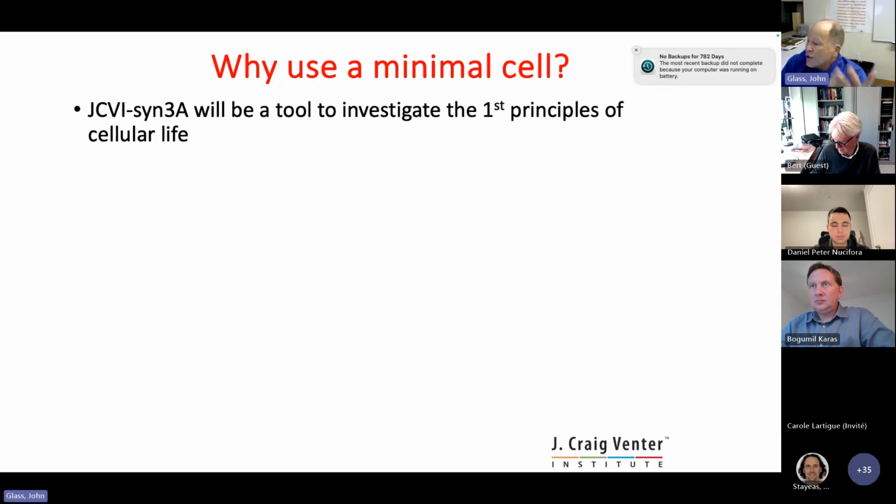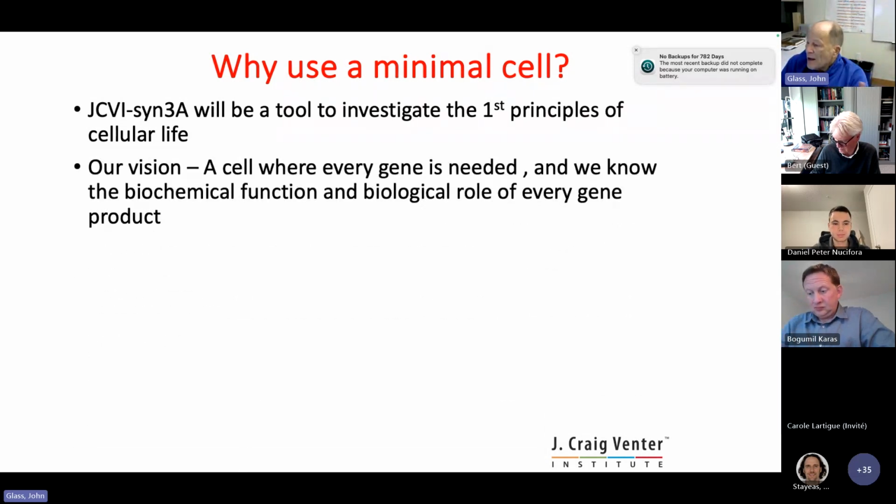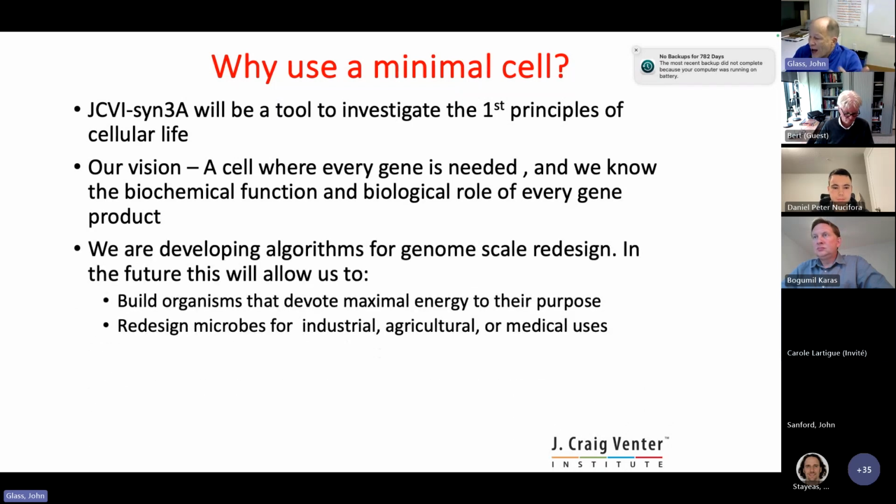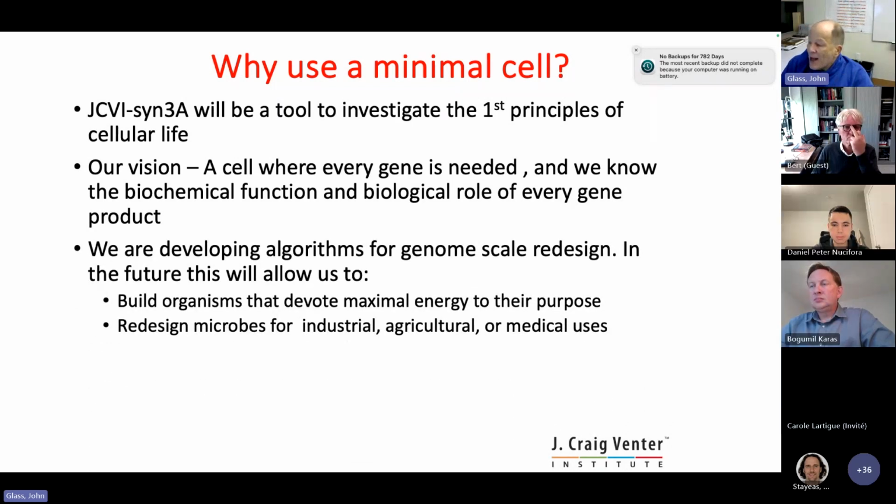Again, we're trying to use this tool to investigate the first principles of cellular life. Our vision is that if we have a cell where every gene is needed and we know the function and biological role of every gene product, we may be able to develop algorithms for genome scale redesign, and we may be able to understand cells better than we ever have.